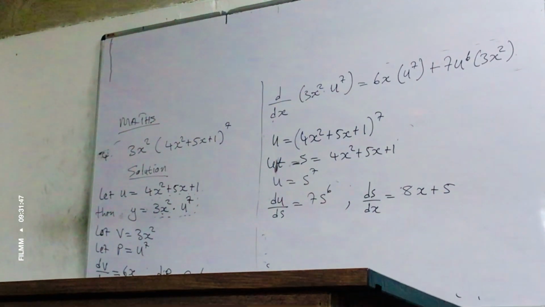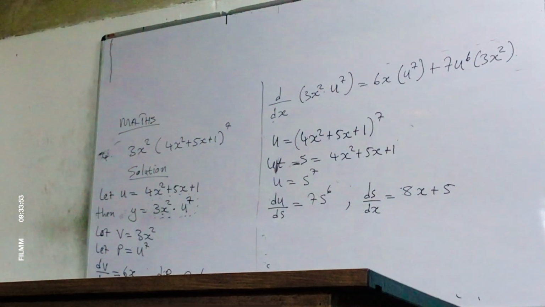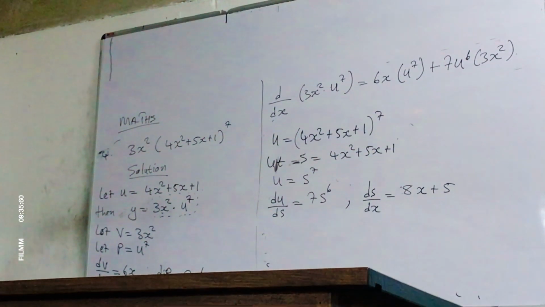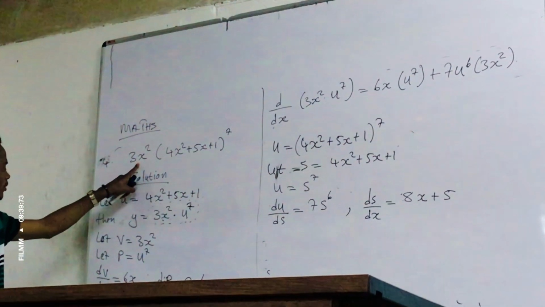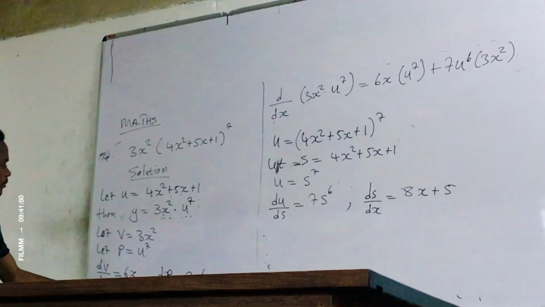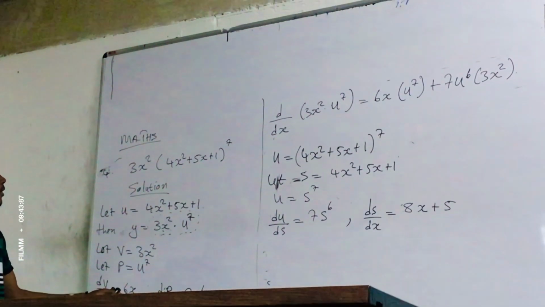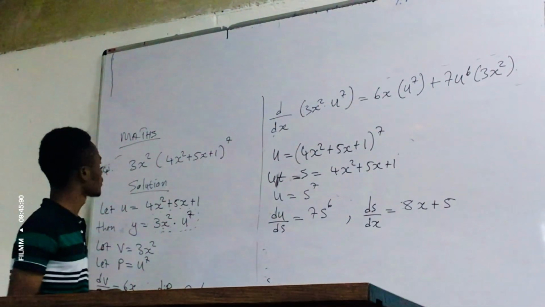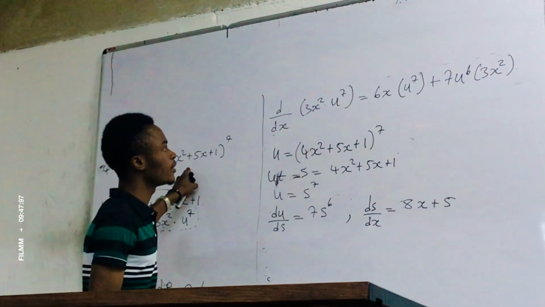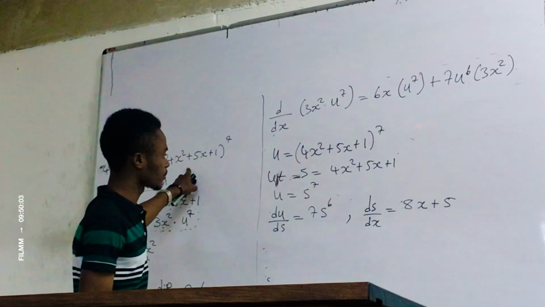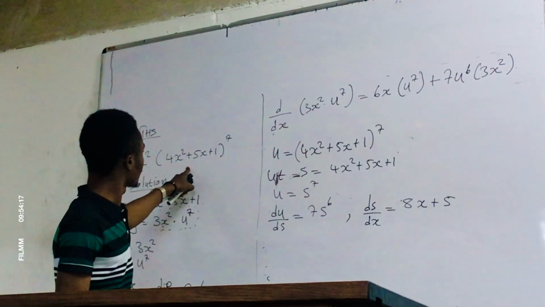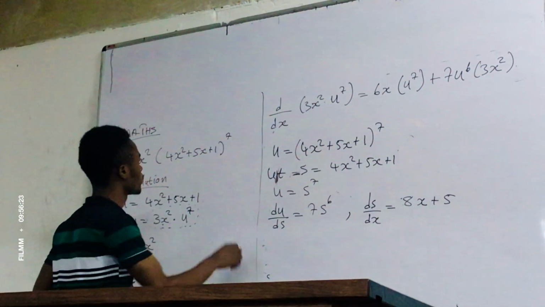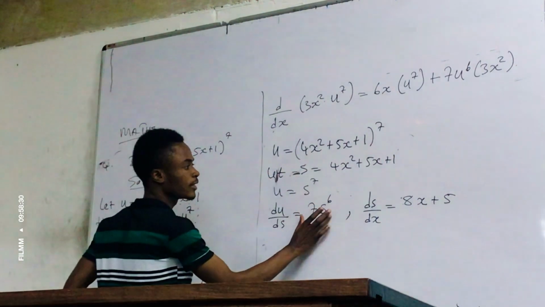So we have how many derivatives? This guy, we have derived it, which is here. This guy, we have derived it, which is here and that one.